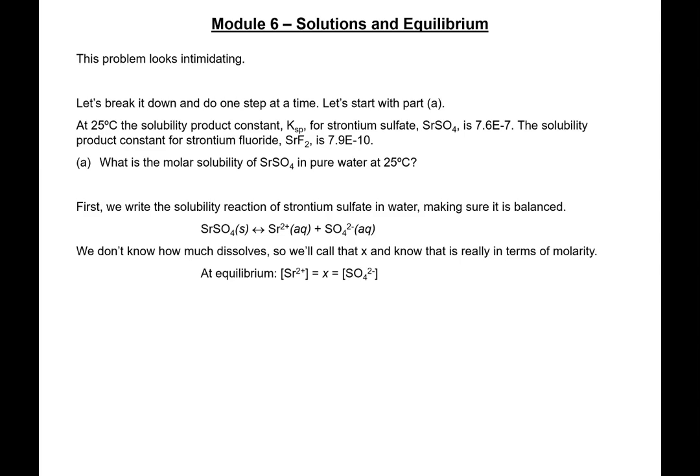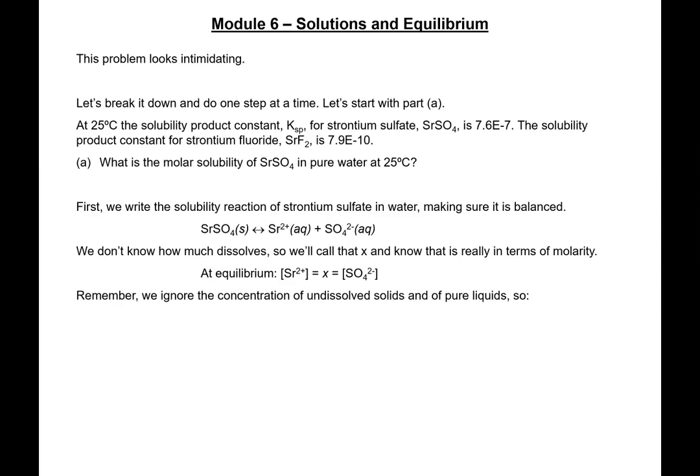So at the equilibrium, the concentration of strontium ion is equal to the concentration of sulfate ion, and we're going to call that single concentration X. Call it whatever you'd like. Remember, when we do equilibrium problems, we ignore the concentration of undissolved solids and of pure liquids.